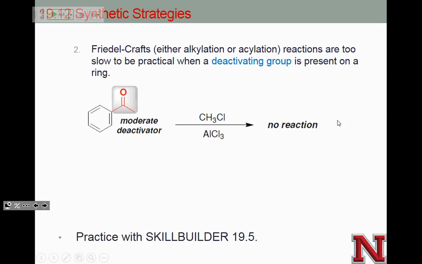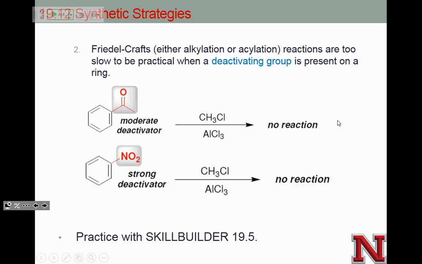Otherwise, we can only do acylations on unsubstituted benzene or benzene that has electron donating groups already present. So when you're considering your order, you cannot do acylation or alkylation if you have an electron withdrawing group already present on the ring. So typically, acylation or alkylation are going to have to be done first, or you're going to have to already have reduced NO2 to NH2 if that's something you're looking at. So you have to keep that in mind, because otherwise we won't get any reaction.